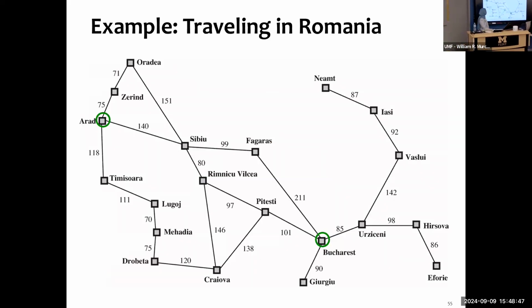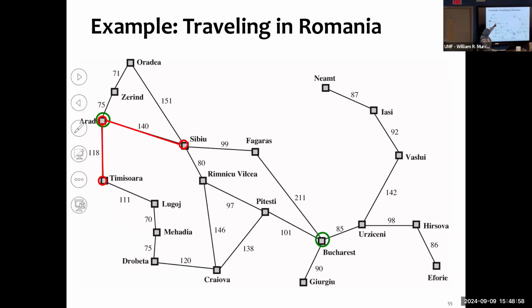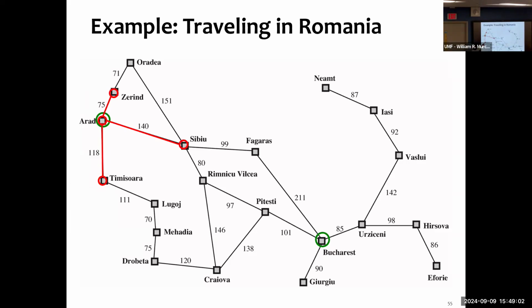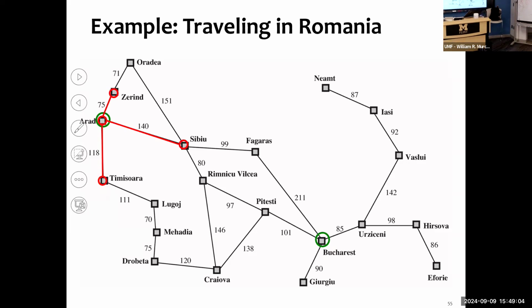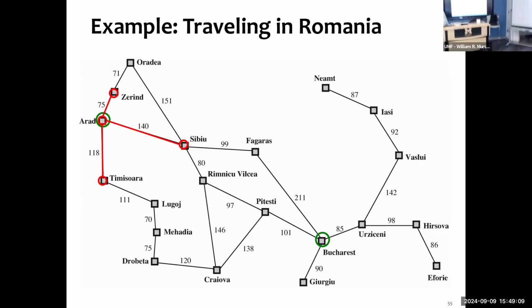And here, let's see. So from Arad, in the start, I have the total freedom to choose. I can visit this one, and this one. Now, given the BFS, what next can I visit?